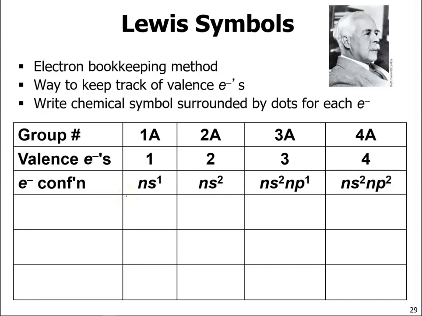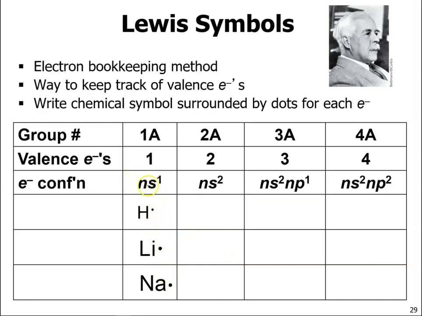We write the chemical symbol and then surround that with the number of dots associated with the different electrons. For example, hydrogen, lithium, sodium in that first column of the periodic table each have 1 electron in that valence shell, in that s shell.